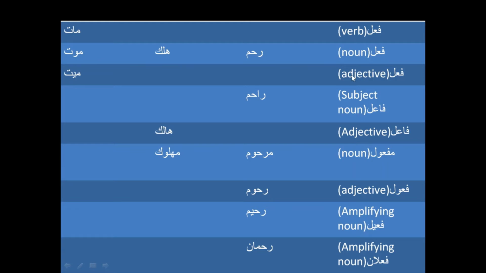And then we have, on the fa'l three-letter scale, another variation of this word, and this is mayyit, and this mayyit is actually an adjective. Next, from rahm it becomes raahim once we put an alif between ra and ha. This is on the scale of faa'il, and this raahim is actually a subject noun.